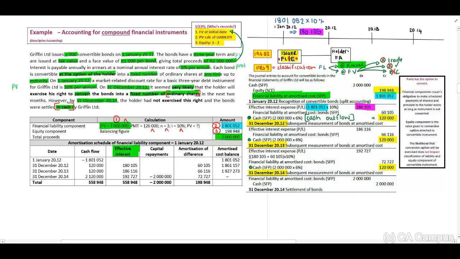Remember, we need to recognize the remaining difference in our financial liability at amortized cost account, 60,105.